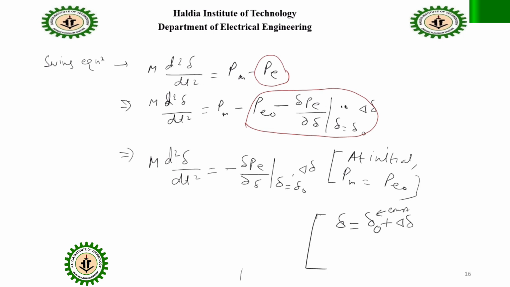So dδ/dt is equal to dΔδ/dt. Again, d²δ/dt² will be getting d²Δδ/dt².